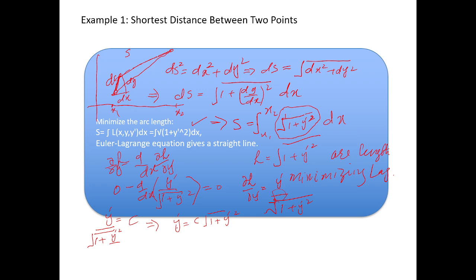So I want to see what the solution of this Euler-Lagrange equation is. Taking square on both sides, we have y dash square is equal to c square plus c square y dash square. So this will give me 1 minus c square, y dash square is equal to c square.